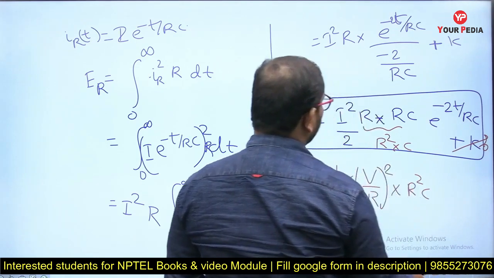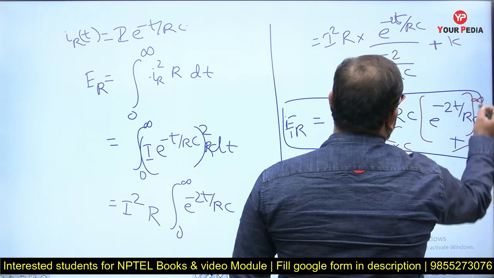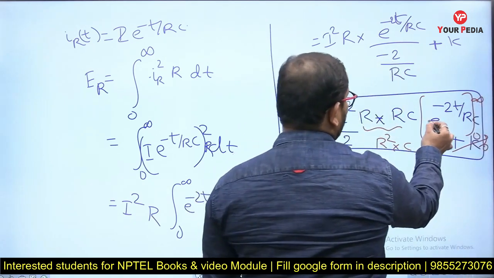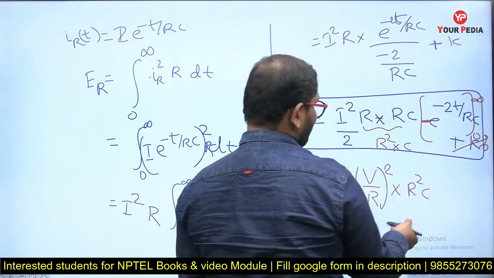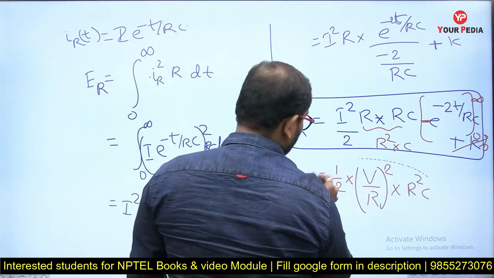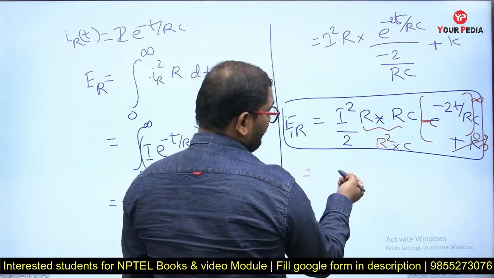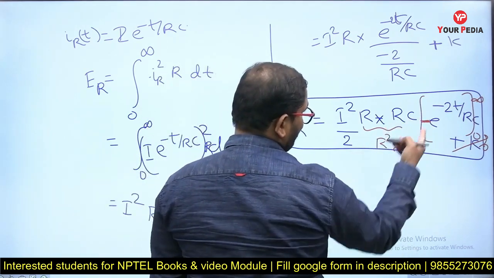If you substitute the limits 0 and infinity, e power infinity is 0, minus of minus e power 0 is 1.